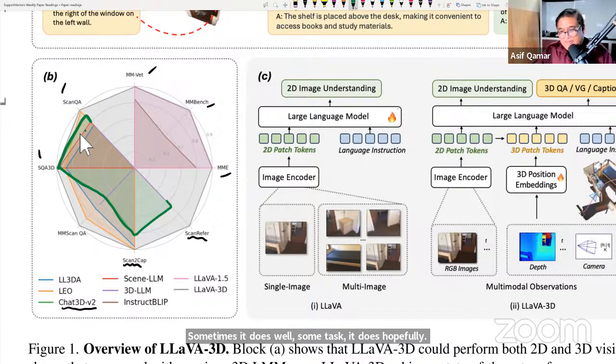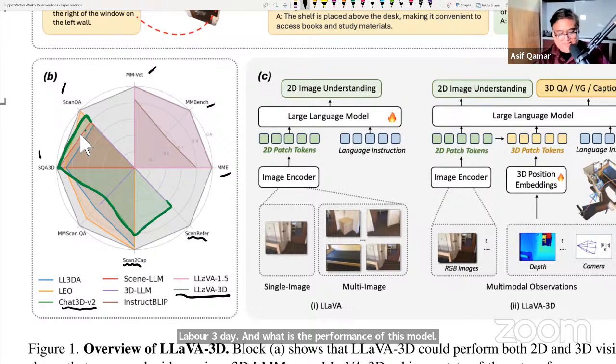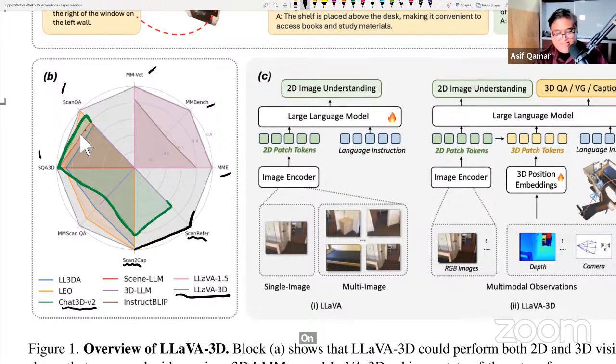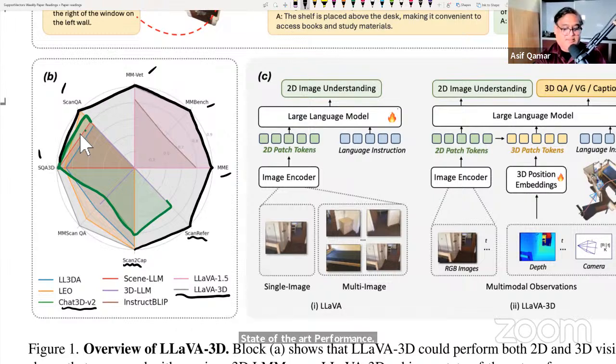On the other hand, if you look at the approach that this paper is proposing, which is given by LLaVA-3D, what is the performance of this model on all these benchmarks? Do you notice that it seems to be achieving state-of-the-art performance on every benchmark, isn't it?